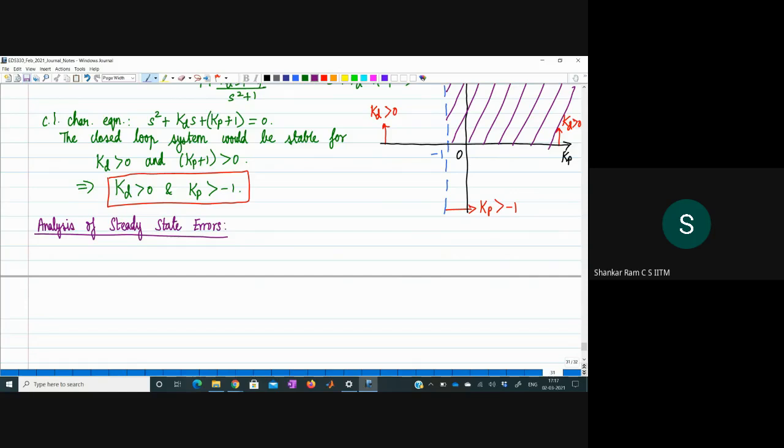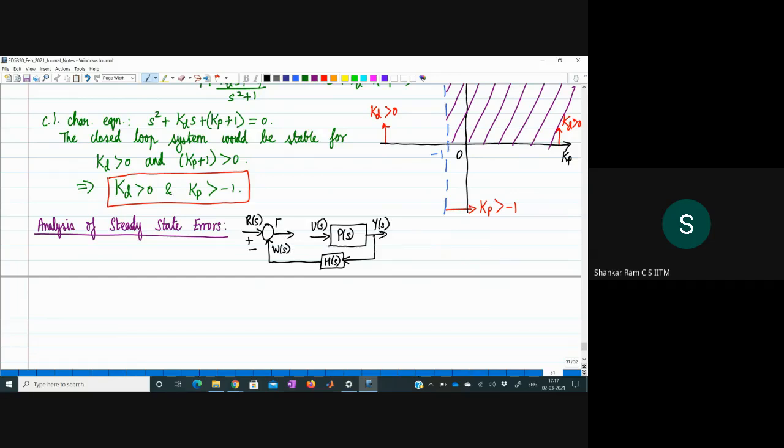Going back to our basic block diagram, please note this is something very important. I would have already pointed this out to you, but let me draw the block diagram. Let's say this is the plant transfer function, U of s is the input and Y of s is the output. Let us say we have the feedback path transfer function H of s, and we have the summing junction where we compare the reference input, considering negative feedback.